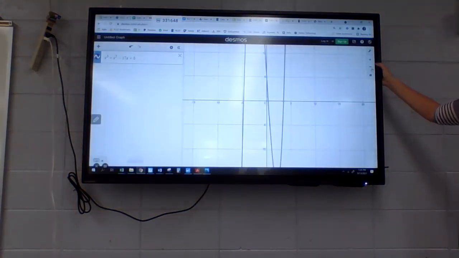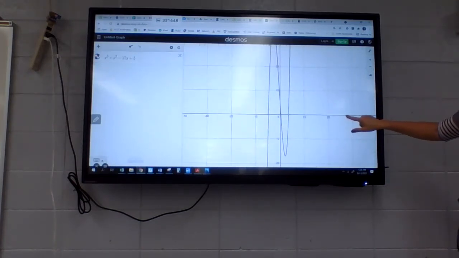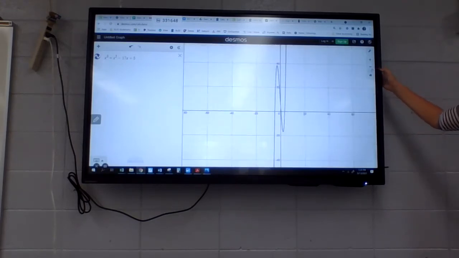Zoom out. Whoa, it's kind of an ugly one. Now this one I might actually try to set up my window a little bit differently if it's helpful. Otherwise you might want to use the trace button on your calculator. They want to go from -5 to 5. What are the maximum and minimum points?